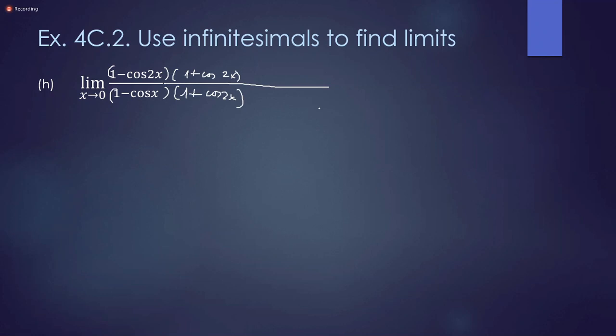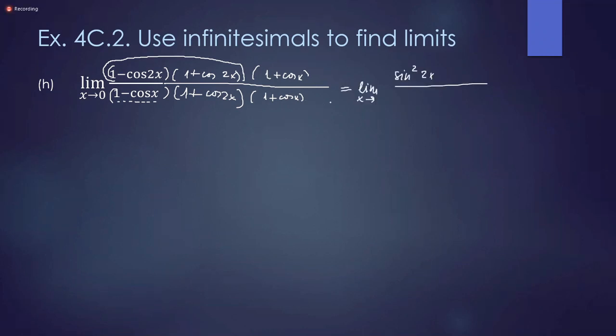So we have 1 plus cosine x, 1 plus cosine x. Remember that this was 1 minus cosine square of 2x, that is, it is actually sine square of 2x, when x tends to 0, times 1 plus cosine x.